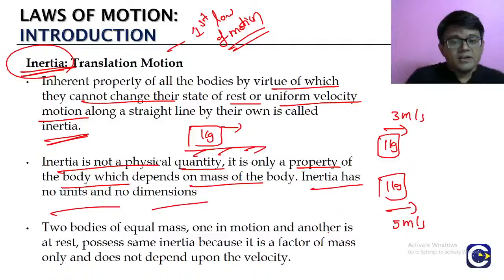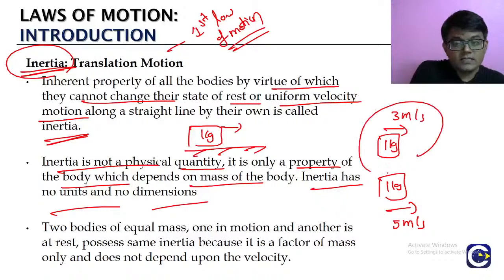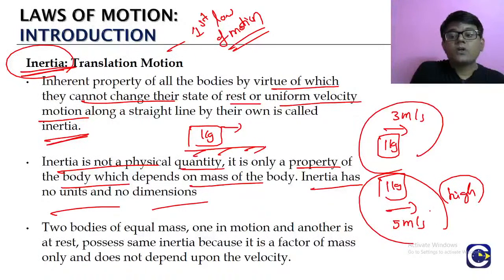Generally, we may think that the 5 meter per second mass could have a higher inertia, and the 3 meter per second mass could have a lower inertia. That is the thought we will generally get.